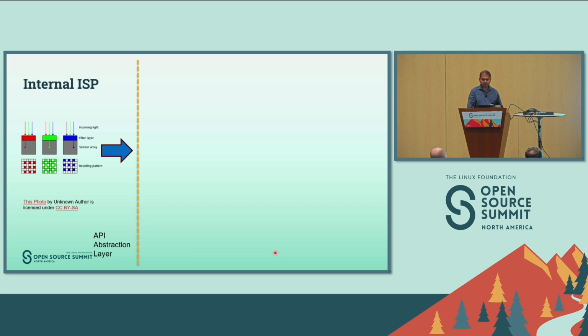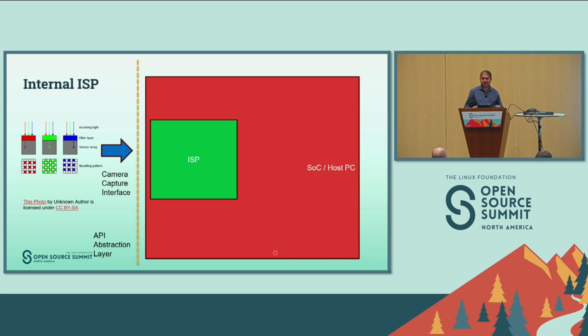That goes to a similar kind of camera interface, but around this time, maybe CSI2 became the more standard interface. And all of that would go into an ISP, and this ISP is now contained inside a SoC or a host PC. Actually, a lot of x86 PC motherboards and chipsets also have ISPs built into them these days. So this evolution happened.